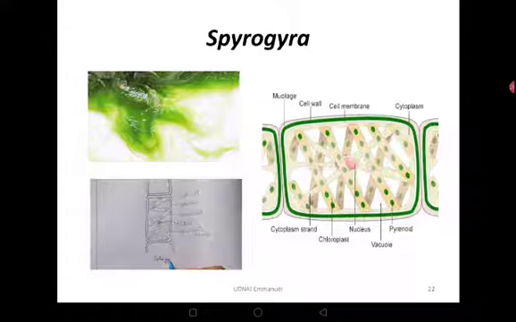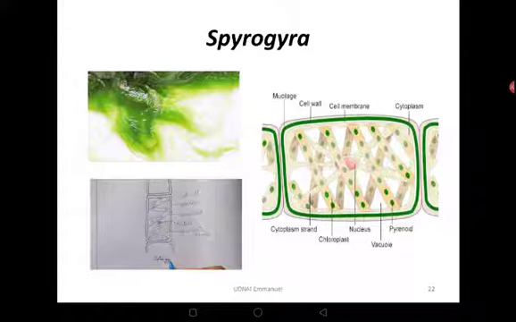Then we have the vacuole, which also stores some reactants. And then we have the nucleus, which controls cell activities, and the chloroplast, where photosynthesis takes place. But this member has a spiral chloroplast. So all those strands you are seeing is the chloroplast. It's spiral in nature.